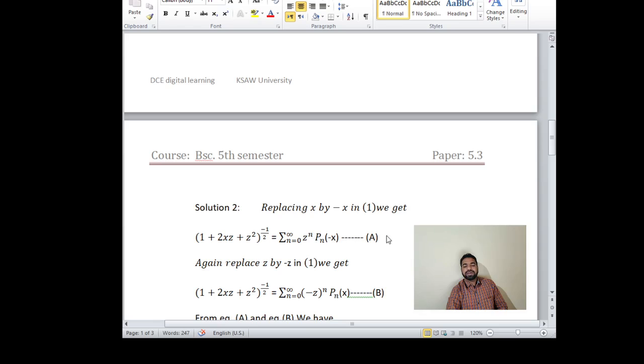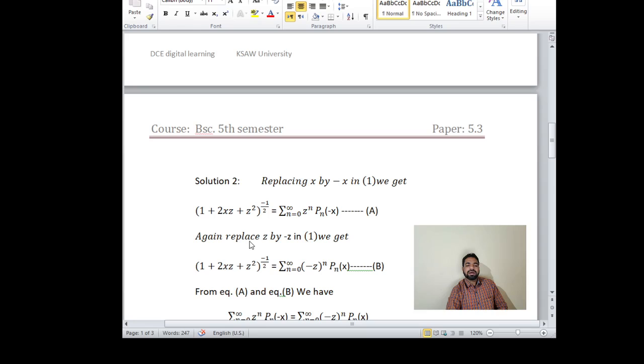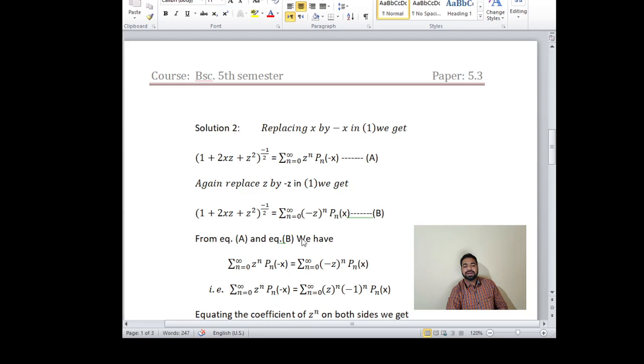Now we call this equation A. Again replace z by minus z in equation 1. So we get 1 plus 2xz plus z square whole raised to minus half equal to sigma n from 0 to infinity minus z raised to n Pn of x. We call this equation B.